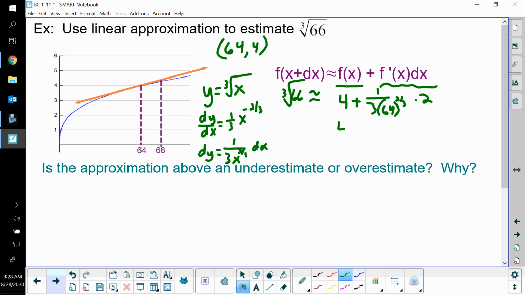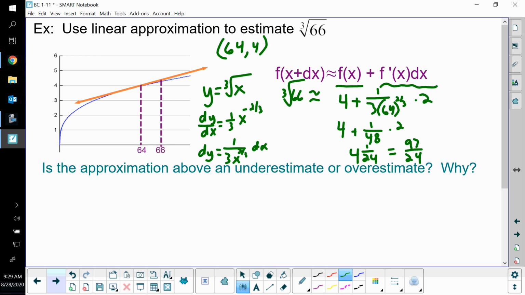So this will give us 4 plus, cube root of 64 is 4, 4 squared is 16, 16 times 3 is 48. So this is 1 over 48 times 2. So that's 2/48, or in other words, 1/24. And add that with the 4, and you can either have 4 and 1/24, or that's the same as 97 over 24.